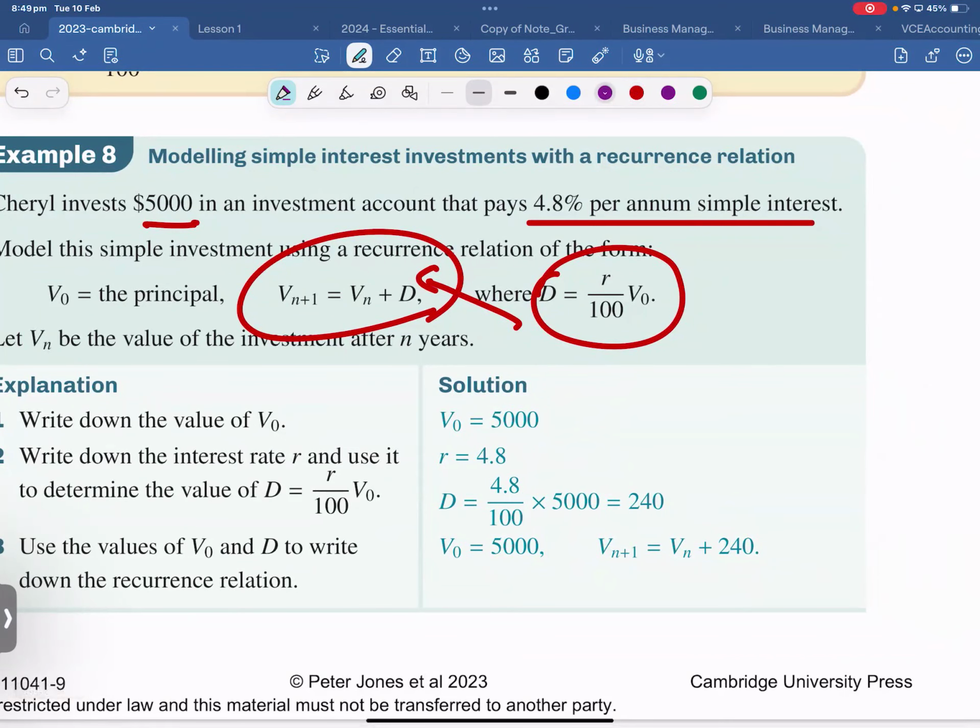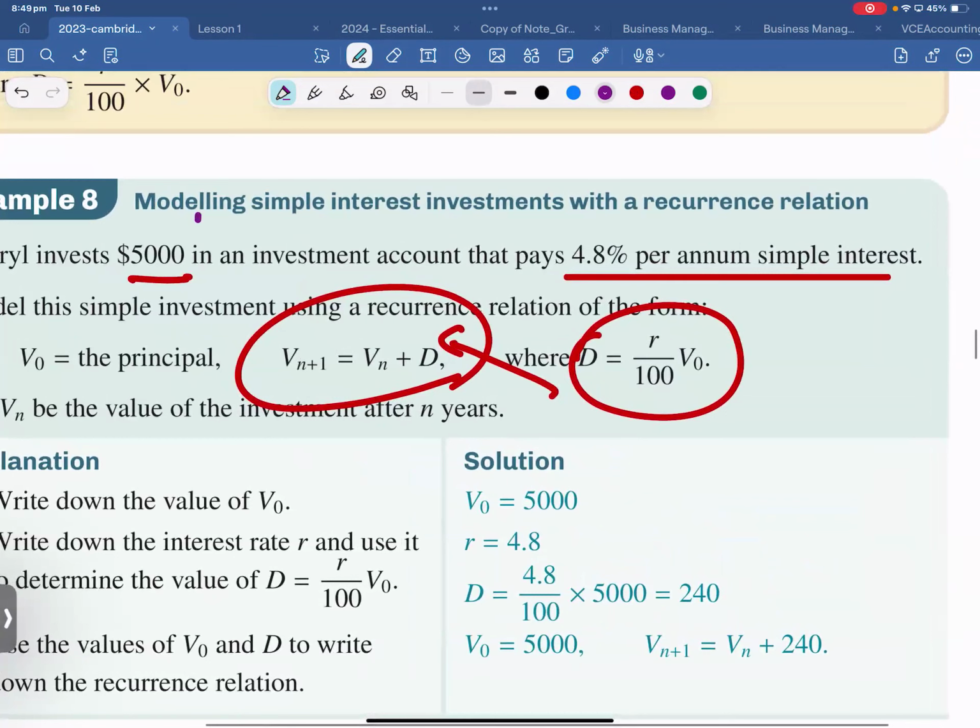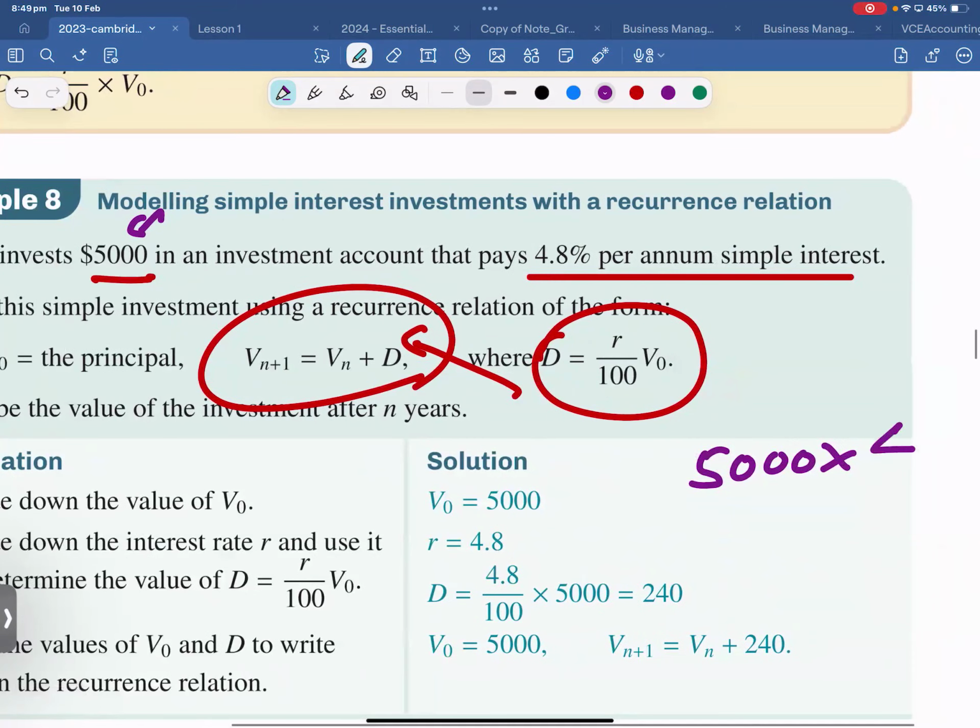So V0, the value at the beginning, is 5,000. From that, we are calculating the percentage, 4.8% over 100. So it will be 240, yes.